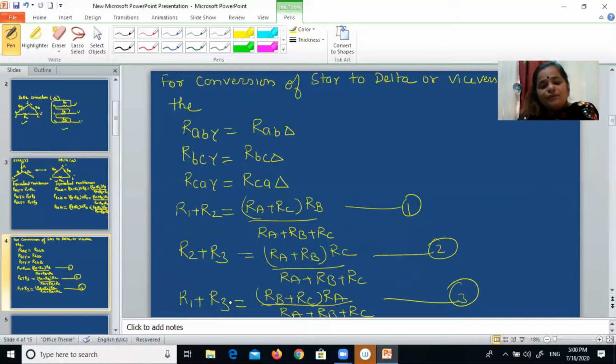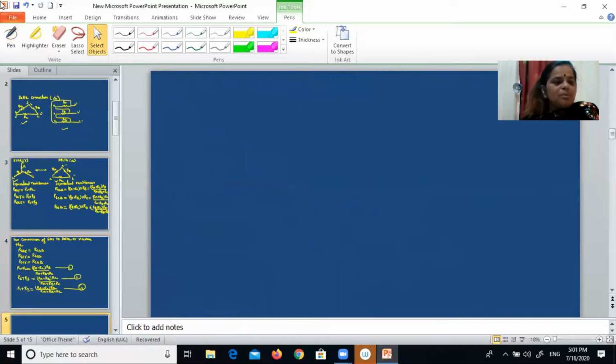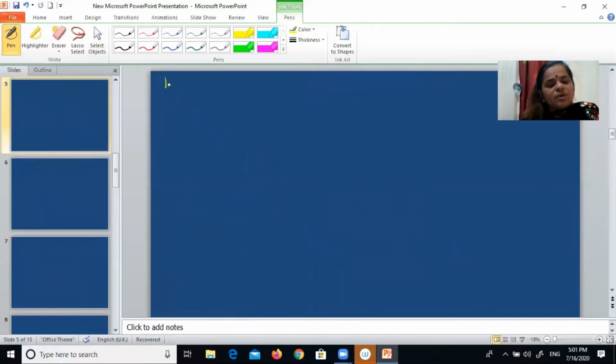So what kind of conversion? If I am calculating R1, R2, R3 as a function of RA, RB, RC, that means I am aware of the delta resistances and I am interested in calculating the star resistances. So that means the first kind of conversion is delta to star conversion.